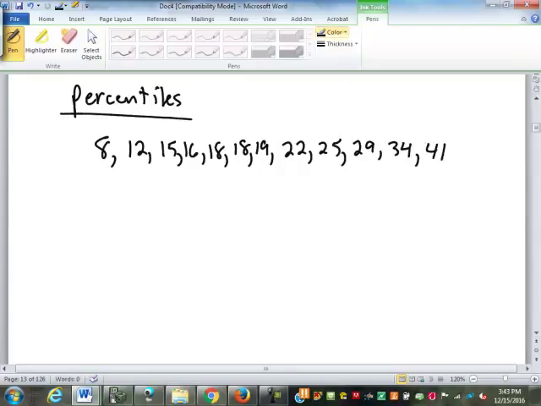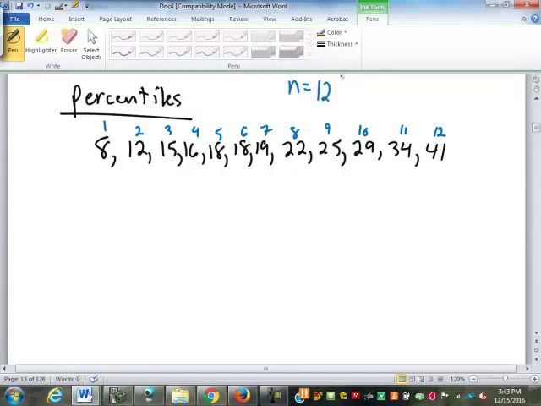So there's my set of numbers from smallest to largest. First thing I'm going to do is figure out what n equals. We got 1, 2, 3, 4, 5, 6, 7, 8, 9, 10, 11, 12. So n equals 12. There's 12 numbers in my list.